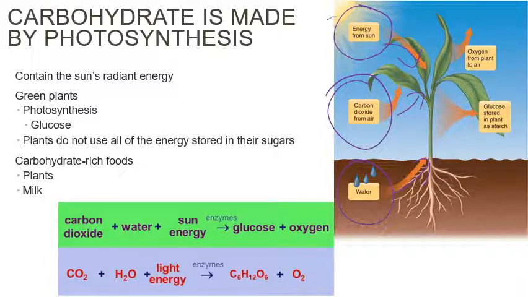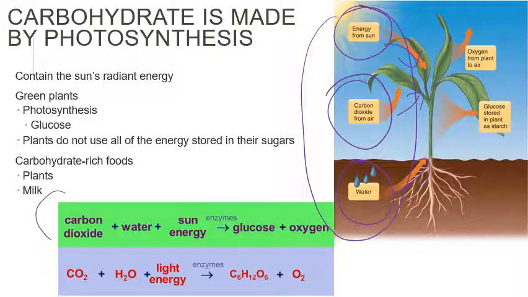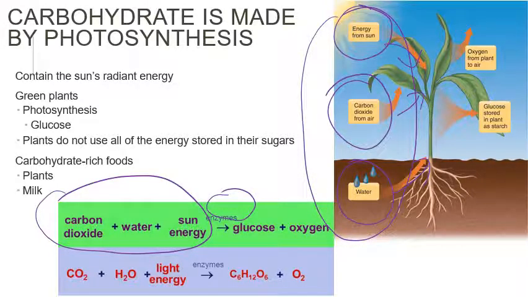When you combine all these together, and the enzyme that the plant has, then it outputs oxygen from the plant to the air for us to breathe, and glucose stored in the plant as starch. So here it is. You can look at it in words, in elements, and also in picture.